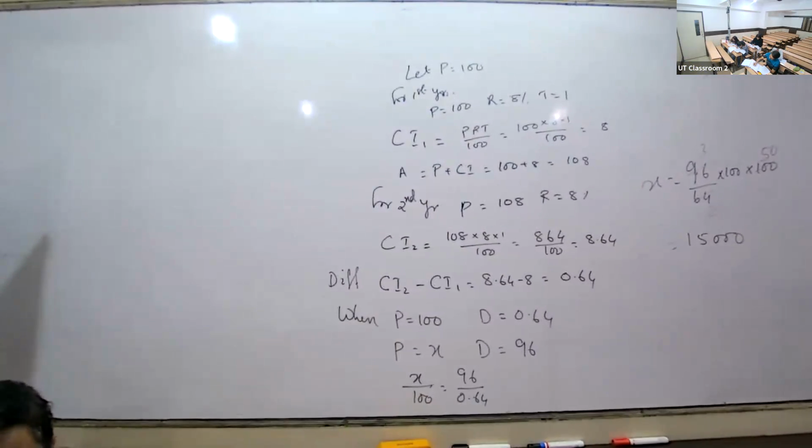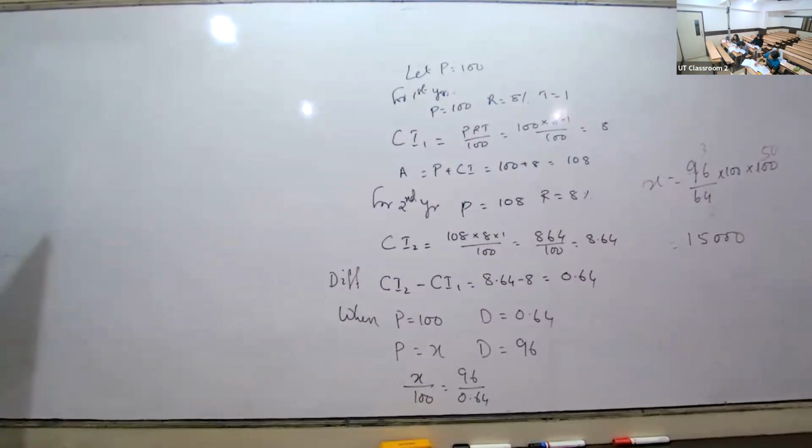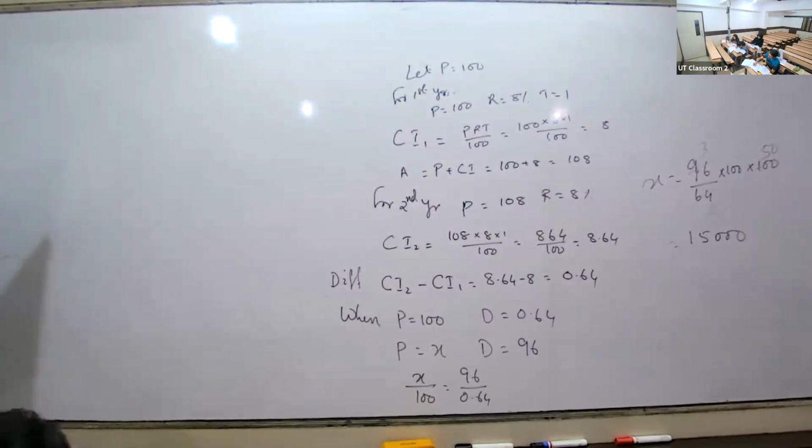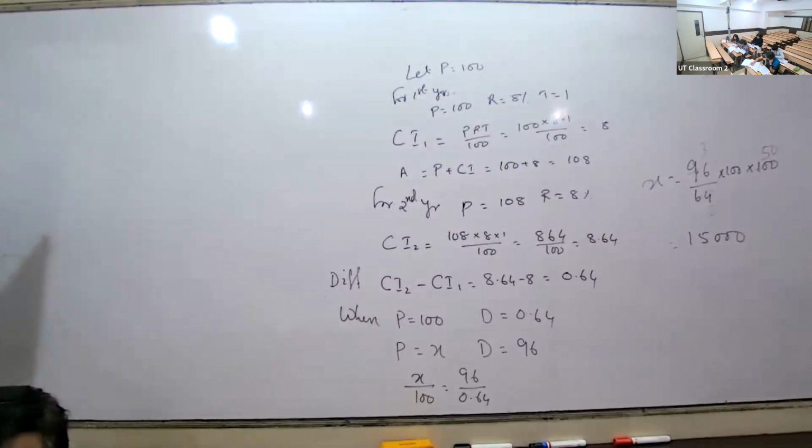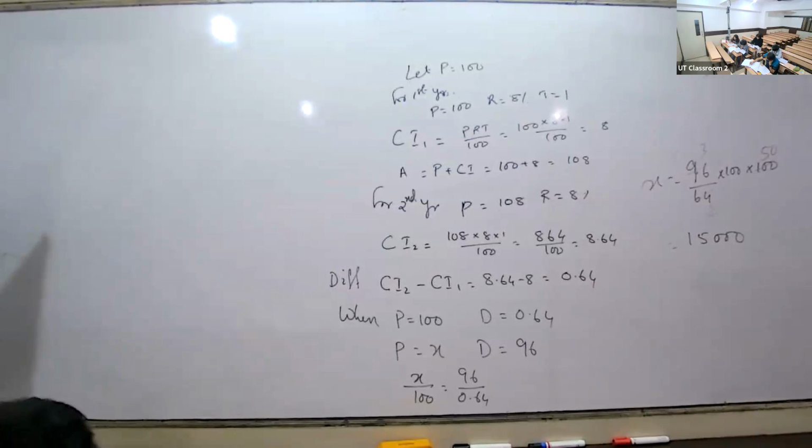CI1 is equal to PRT upon 100, 48,000 into 10 into 1 by 100, which is 4,800 rupees. Therefore, amount is equal to 48,000 plus 4,800. How much did you get? 52,800.